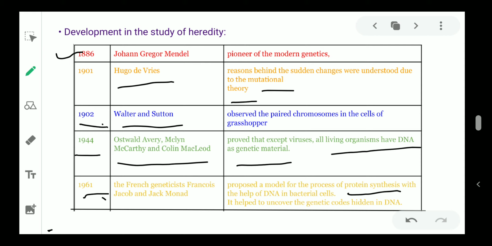This detailed process we'll be studying in this chapter. It also helped to uncover the genetic codes hidden in the DNA. So this is how the study of heredity took place. The development in the study of heredity took place because of modernization in science.